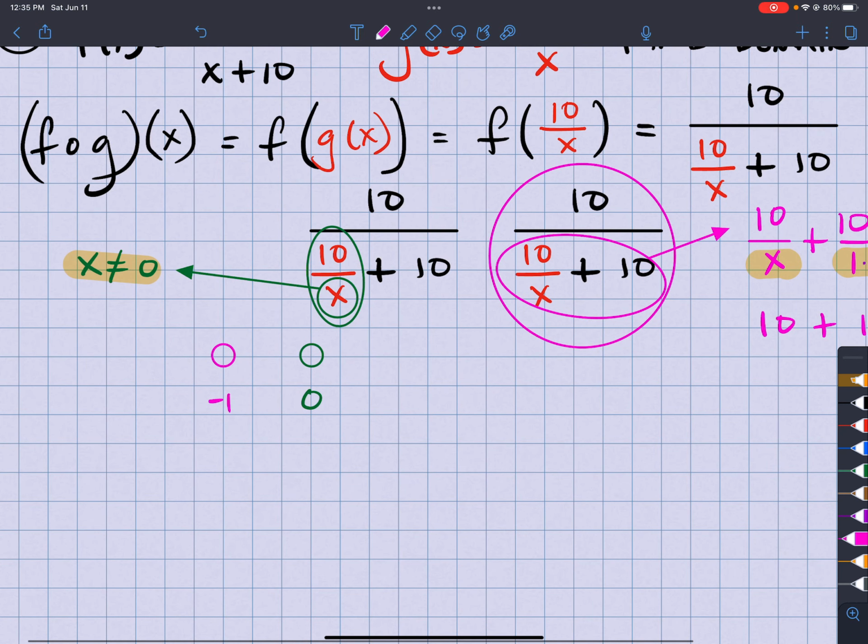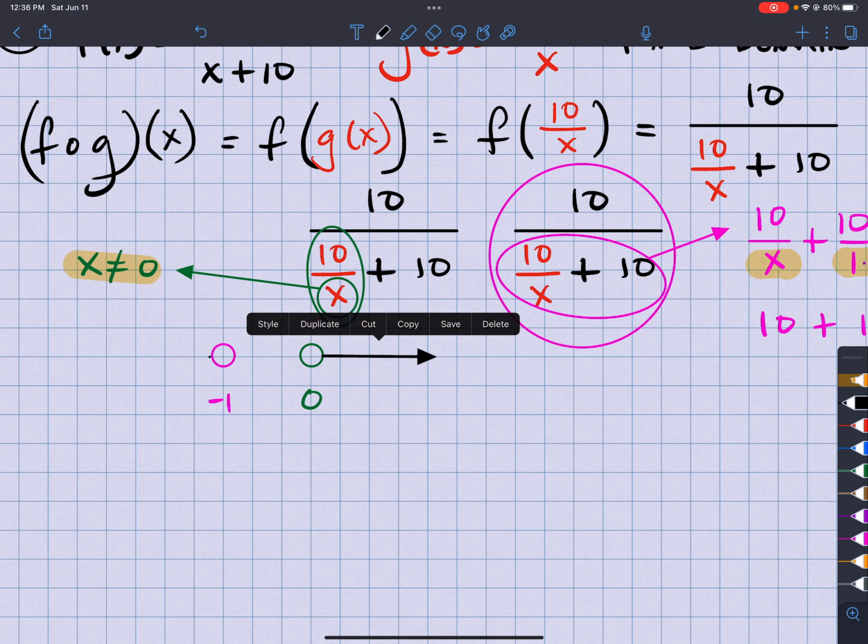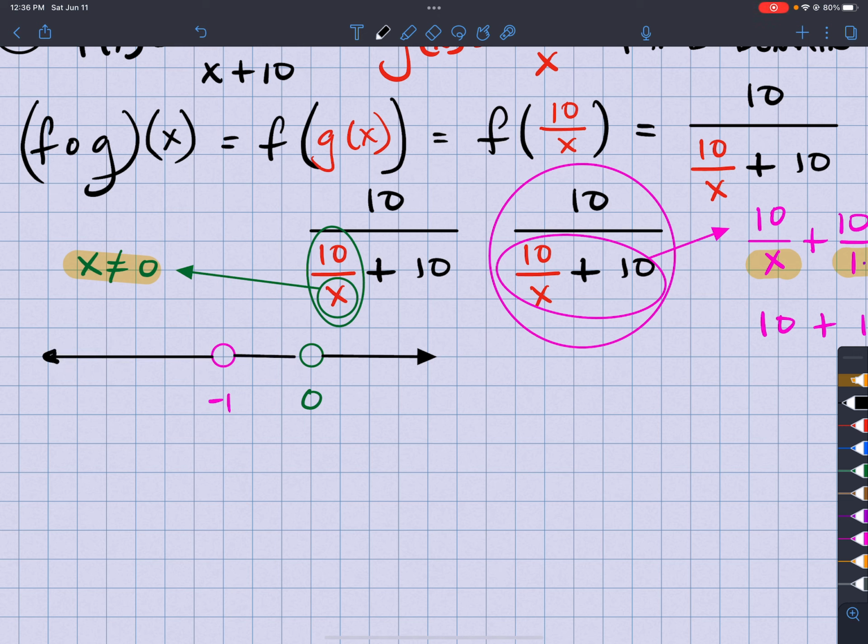So my domain is going to be anything to the right of 0, anything to the left of -1, and anything in between, just not -1 nor 0.